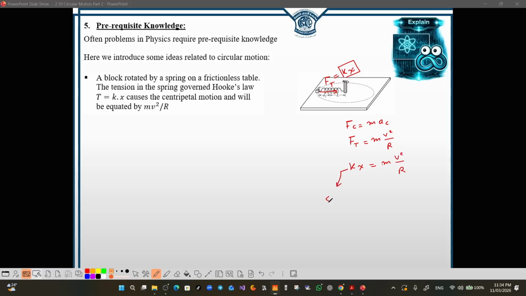Now k is the stiffness, or sometimes it is called the spring constant. The unit of the spring constant is newton per meter. Now x is known as the amount of compression or the amount of stretching of the spring, and it is expressed in meters.